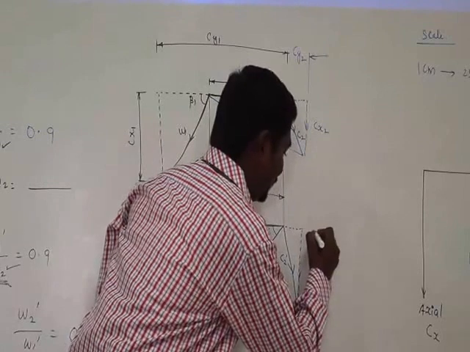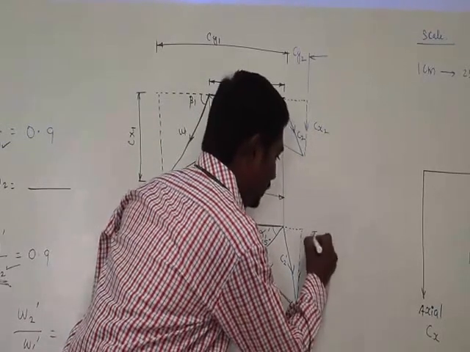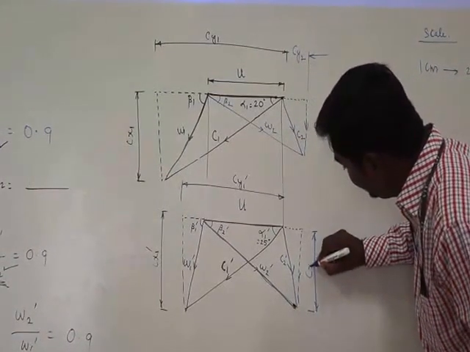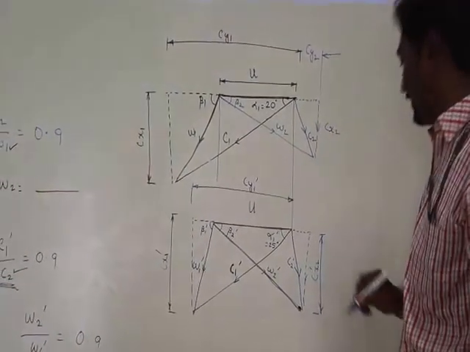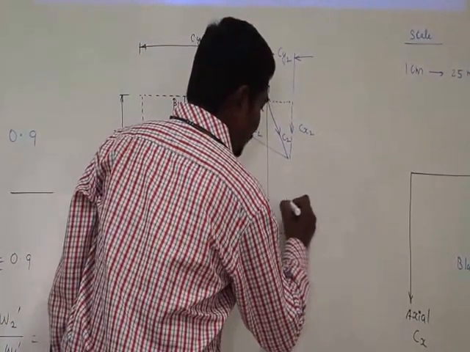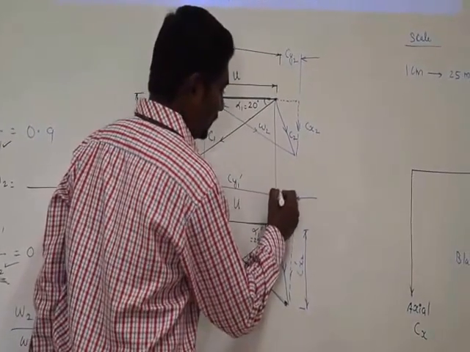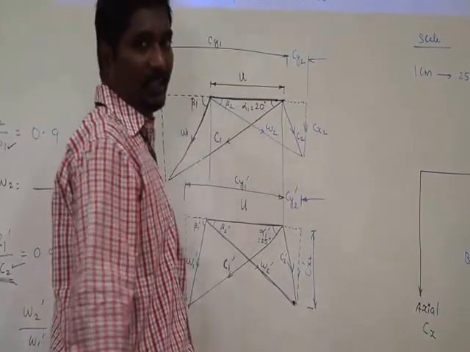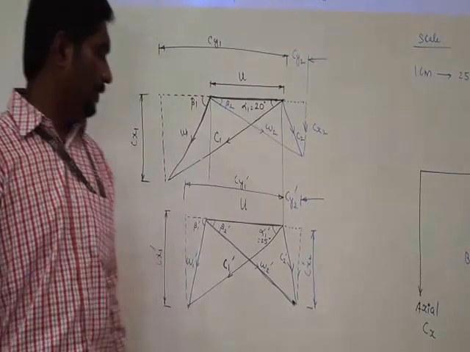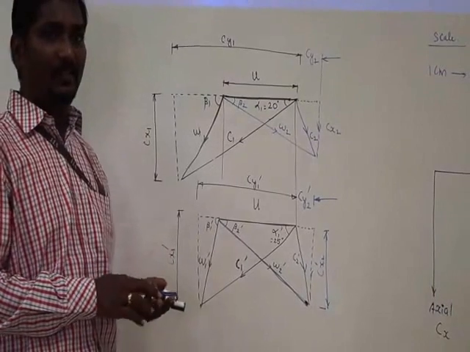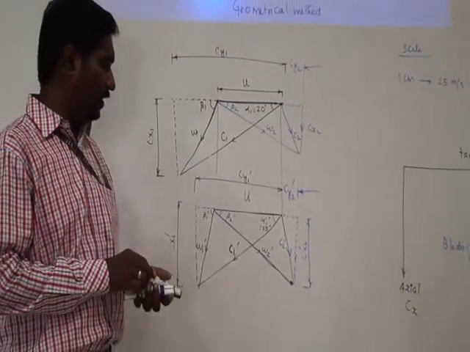Vertical is nothing but the axial component of the fluid velocity at the outlet for the second row of the moving blade. This represents the tangential component at the outlet. So this completes the velocity triangle for the second row of the moving blade also.